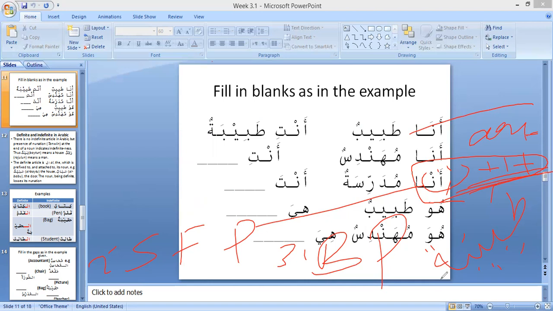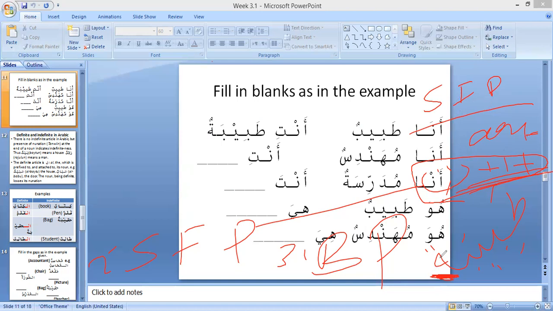Now, you need to notice one thing here. There is a ta here, right? And we said alif and ta maftuha together represent sound feminine plural. So they represent feminine as well as plural and sound.